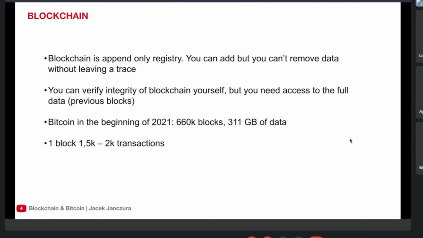Currently, if you want to get the whole transaction log and all blocks of the Bitcoin blockchain, it takes 311 gigabytes. And there are 660,000 blocks in Bitcoin in the beginning of 2022, of course. And in the case of Bitcoin, in one block, you've got 1.5 to 2,000 transactions.